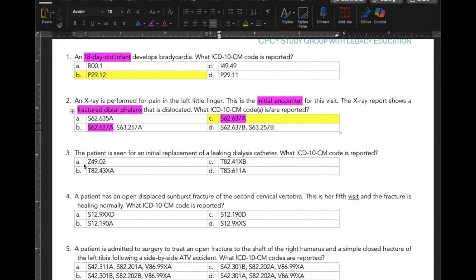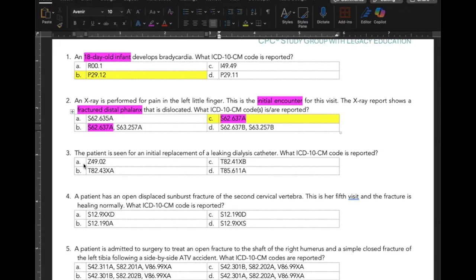And then what is the complication of? Catheter. Yep. So we'll go complication and then catheter. And then what type of catheter do we have? Dialysis. Okay. And then underneath dialysis, what is the complication going to be? Leakage. Okay.